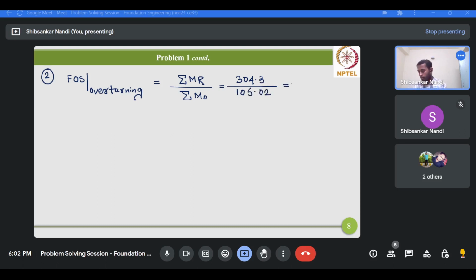Okay. 304.3 divided by 105.02. That means I am getting a value of 2.90 approximately. Okay. So 2.90 is basically greater than 1.5. That means okay.